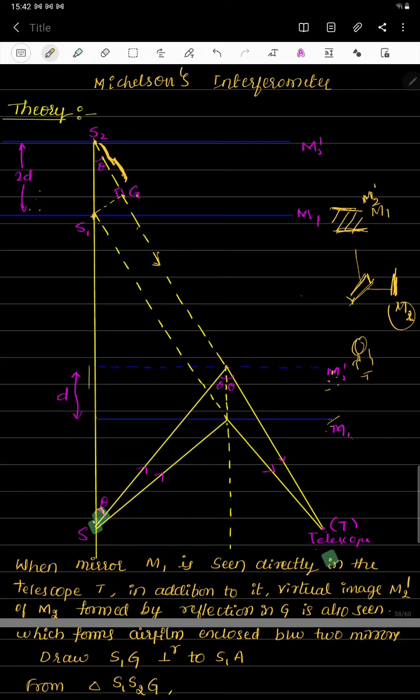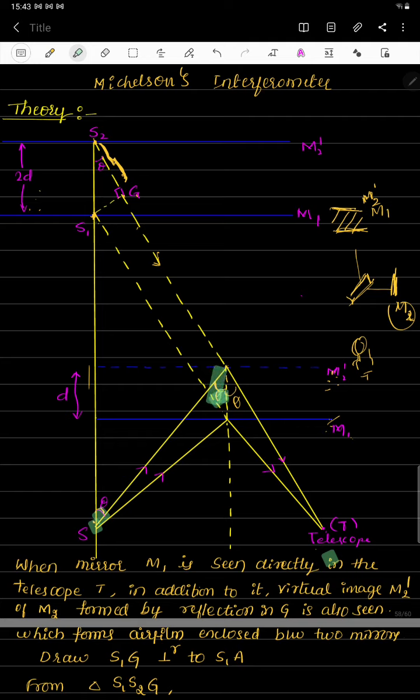If this is equal to theta, then obviously this becomes equal to theta. How? Because if this is theta, then this angle becomes 180 minus something, and the remaining part will be how much? If this is theta, then this angle also becomes equal to theta.